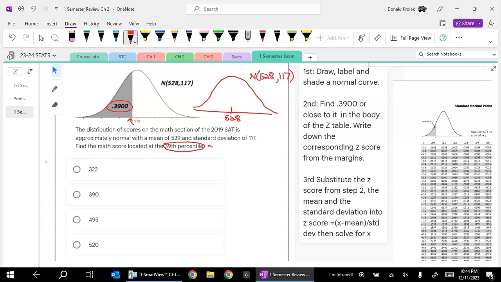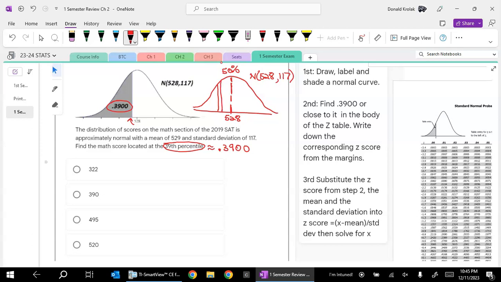Well, 39th percentile, that's 0.3900. Now, where you draw that is, you know that this is the 50th percentile, right where the mean is. So 0.39 is going to be somewhere to the left of that.